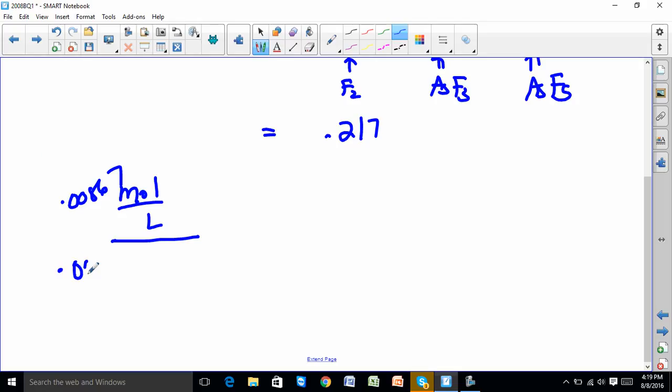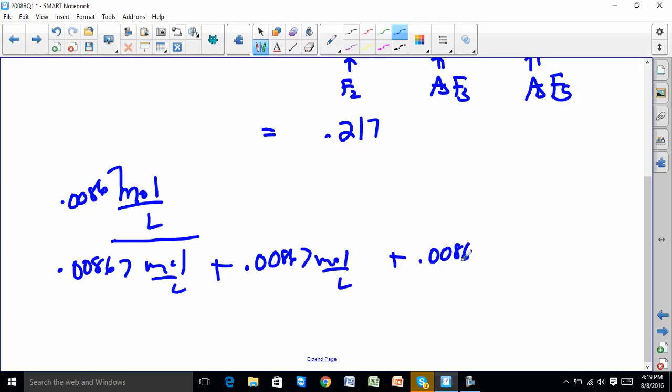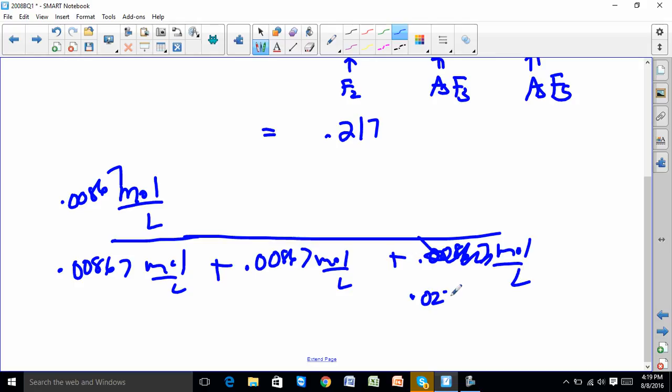And then this is 0.00867 moles per liter plus 0.00867 moles per liter plus, oh, sorry, not that, this is 0.0226. Now look what happens: this is a 10.5 liter volume. So is this, so is this, so is this.